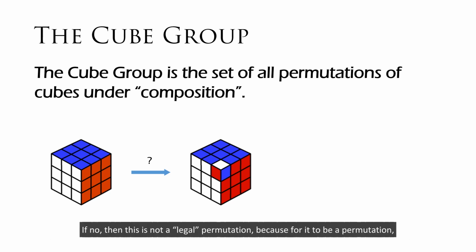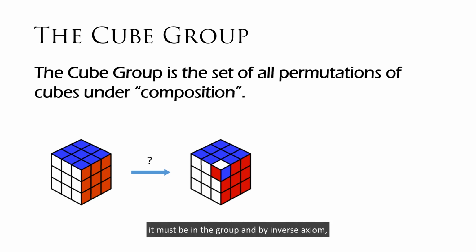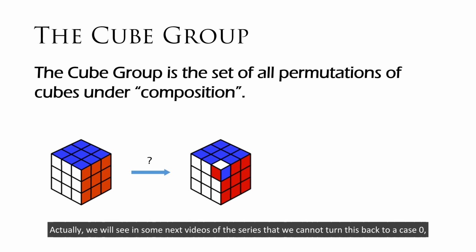If not, then this is not a legal permutation, because for it to be a permutation, it must be in a group, and by the inverse axiom, it has a reverse action that can turn it back to case 0, but you cannot just brutally turn the corner back again. And actually, we'll see in some next videos of the series that we cannot turn this back to case 0, and it's not a legal permutation.